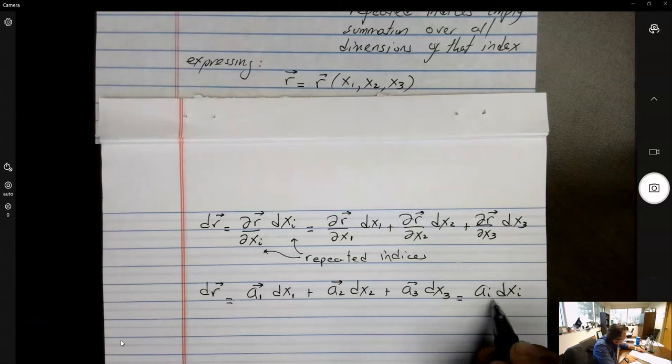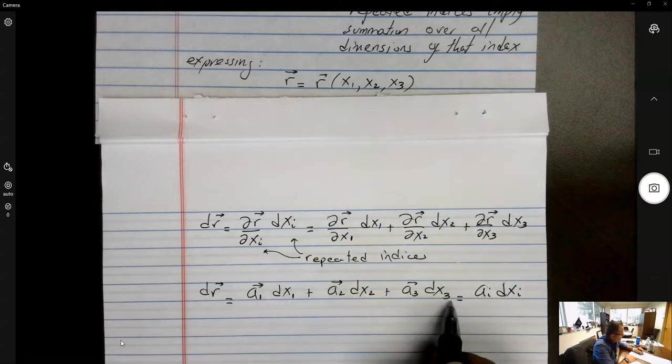Again, the fact that there's two indices that are repeated, both named i, means that there's an implied summation over all possible dimensions that i can take, 1, 2, and 3. So it will be a1 dx1, a2 dx2, a3 dx3, exactly as it is expressed here.